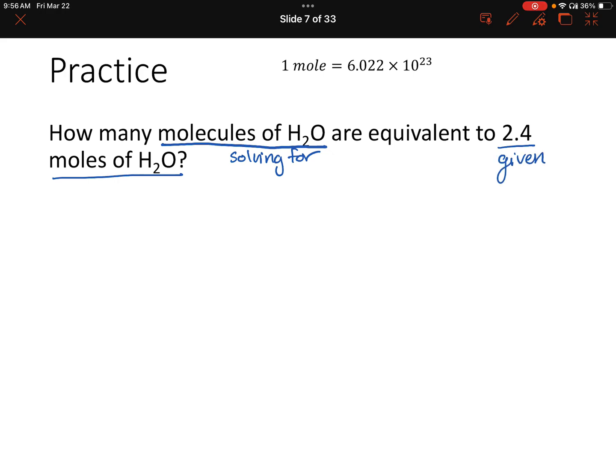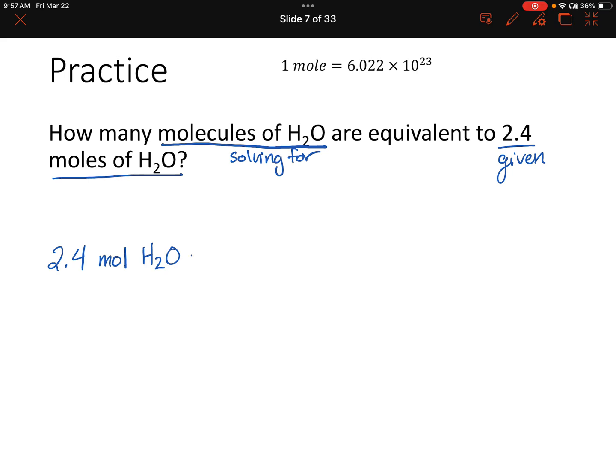So remember, we're going to start with what we're given. And if you want, you can also abbreviate moles as MOL. You cannot do that for molecules, however. Molecules has to stay the full word, but you can abbreviate moles as MOL. It's kind of silly because molecule is a bigger word, but all right.